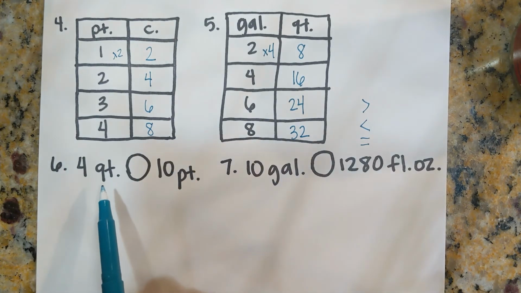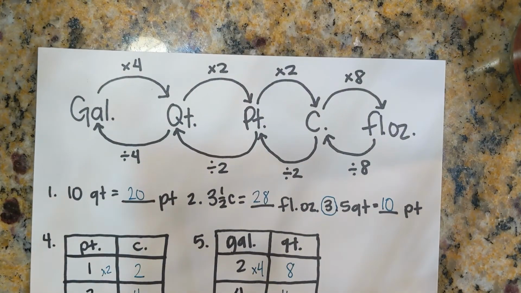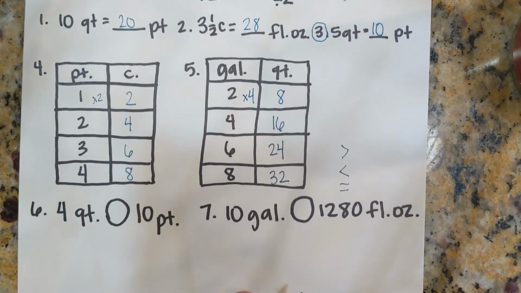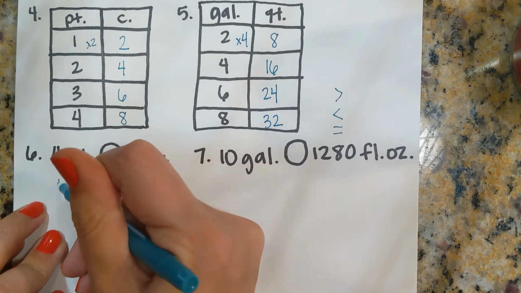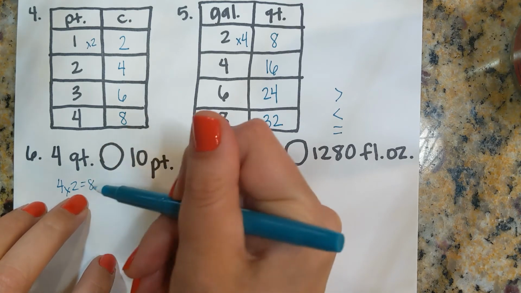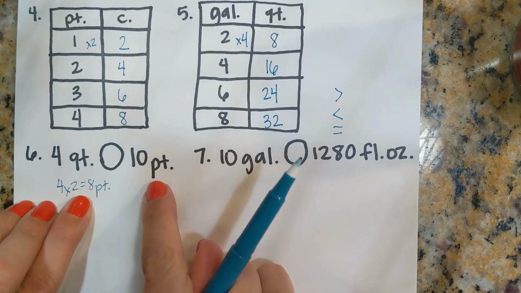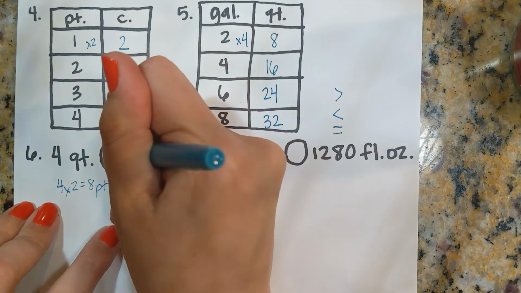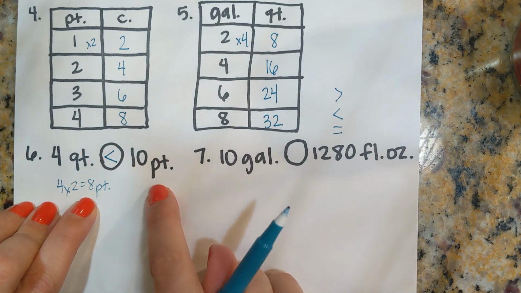So if I have quarts going to pints, I multiply by 2. So 4 times 2 is 8. So this one's also 8 pints. 8 pints and 10 pints, which one is greater? 8 pints is less than 10 pints.